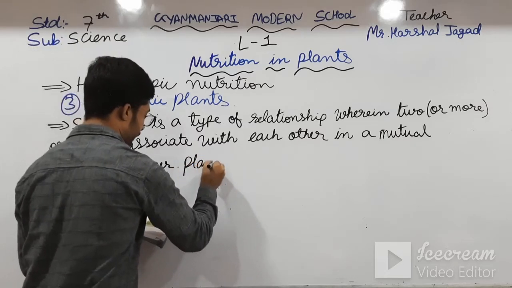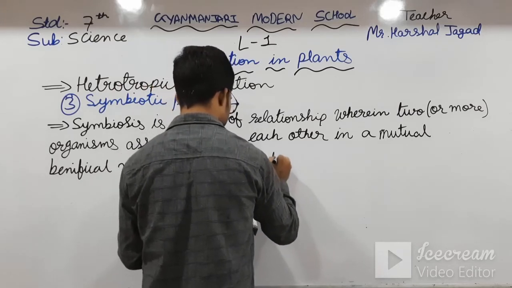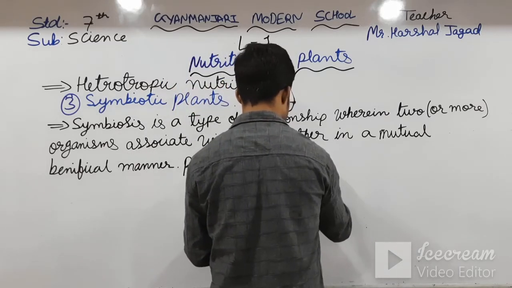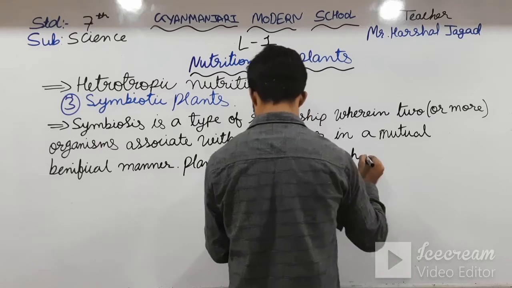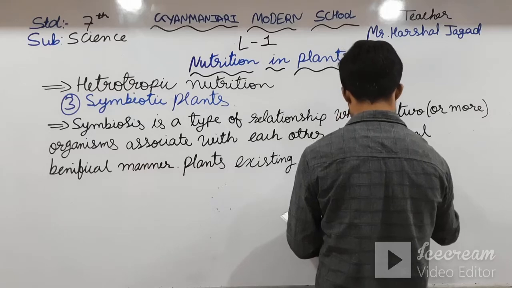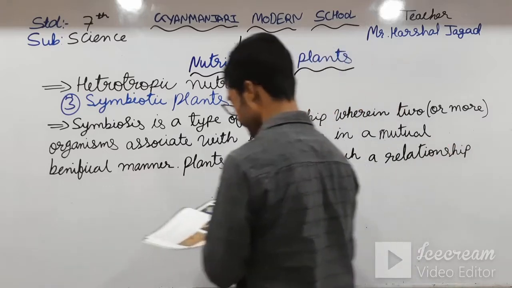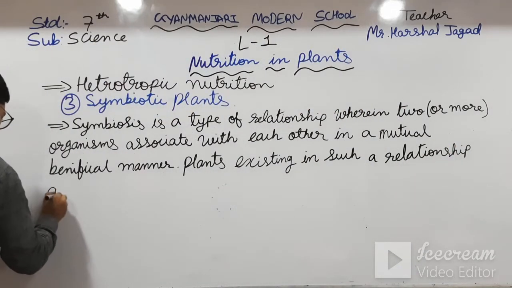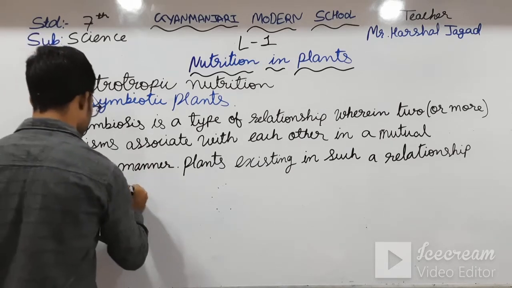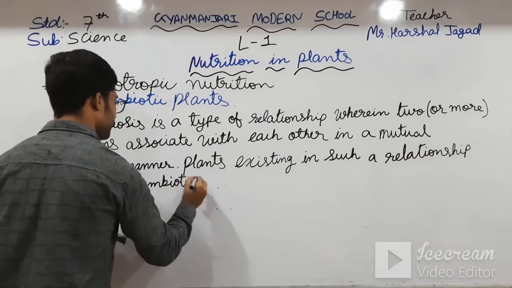Plants existing in such a relationship are called symbiotic plants.